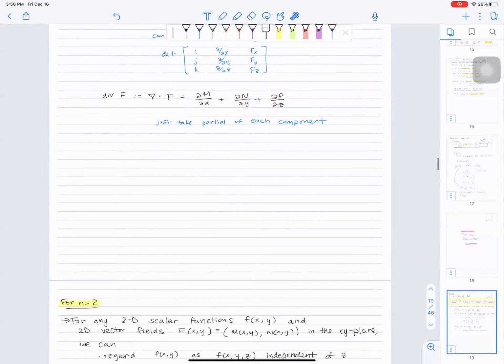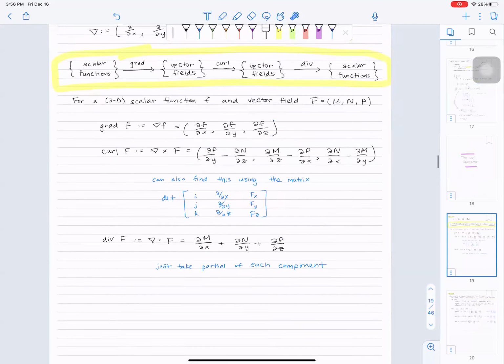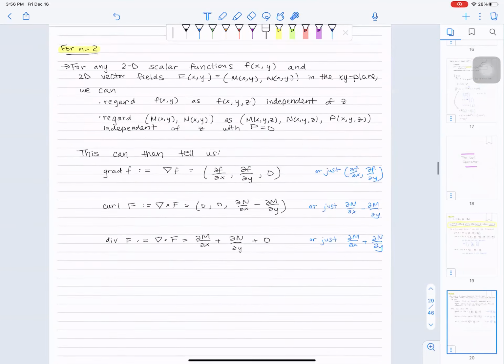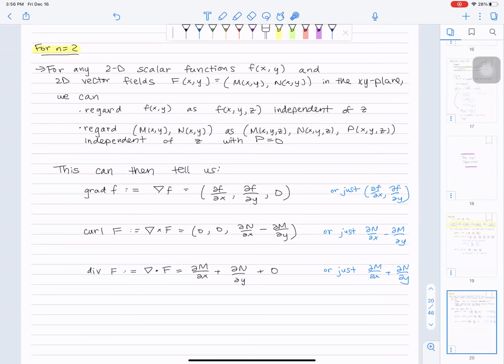Okay, and those are in 3D. If you're in 3 dimensions, meaning you have x, y, and z, you should have numbers in each of these. If you're in 2D, you don't have a z component, so the z component is 0. Sometimes you just don't write it.